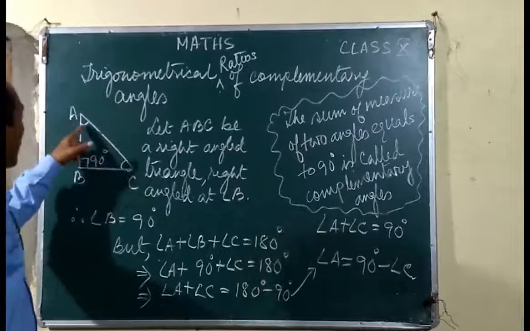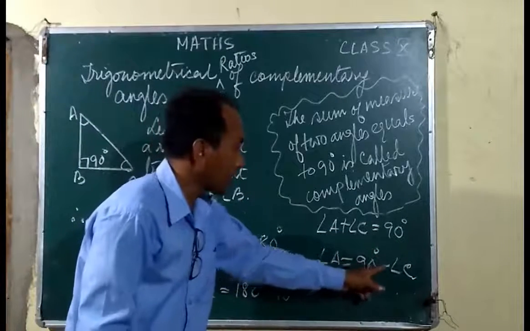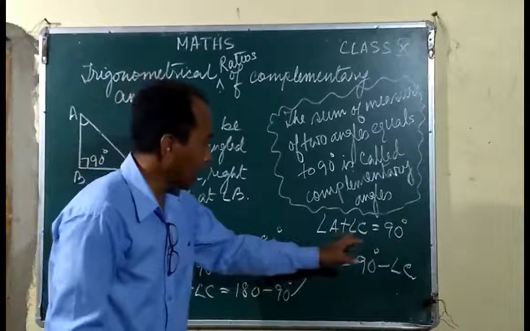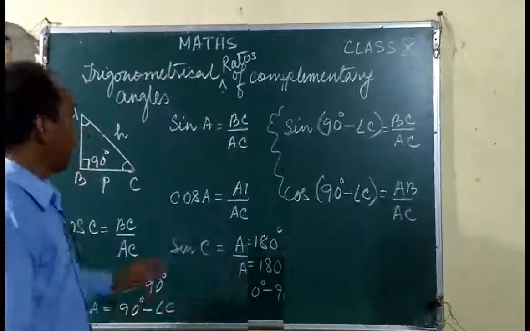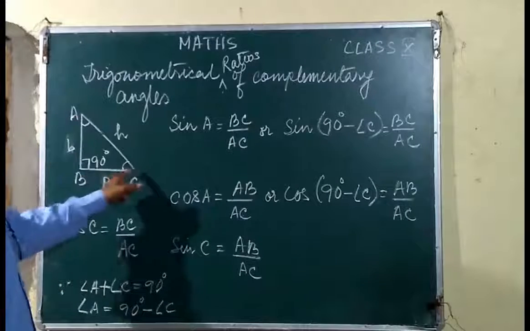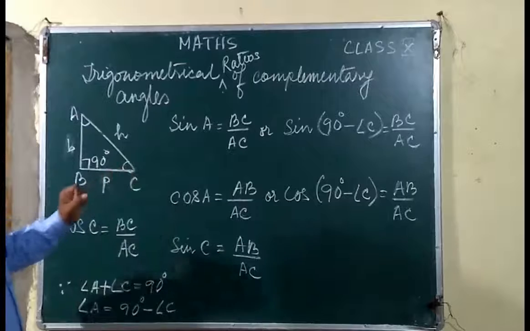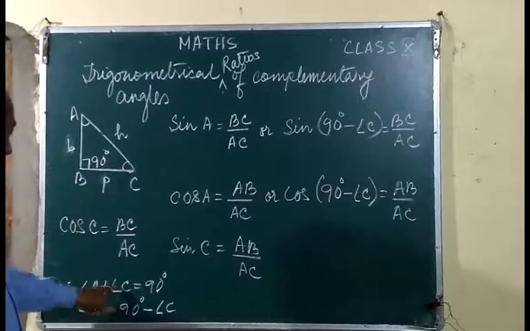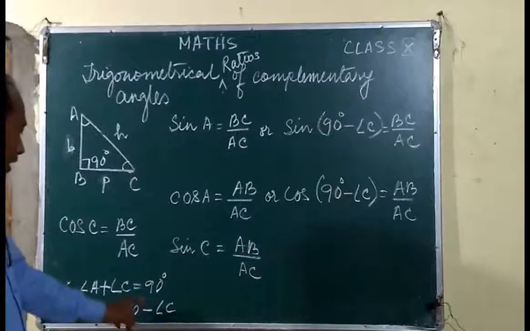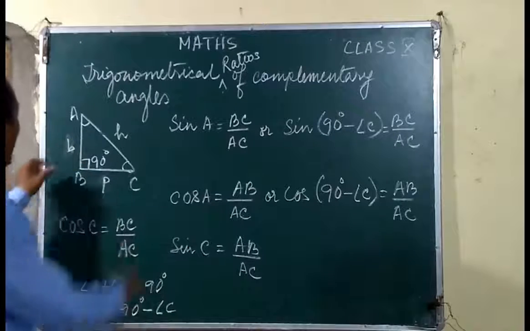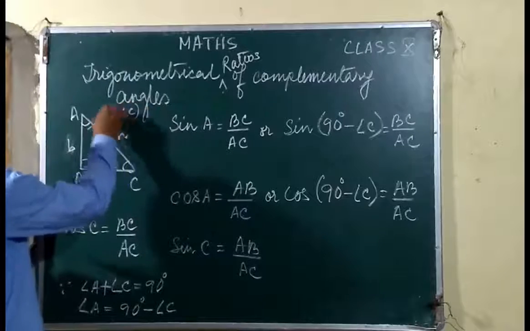If we take angle C on the other side, angle A is equal to 90 degree minus angle C. That means in place of angle A, we can write 90 degree minus angle C.